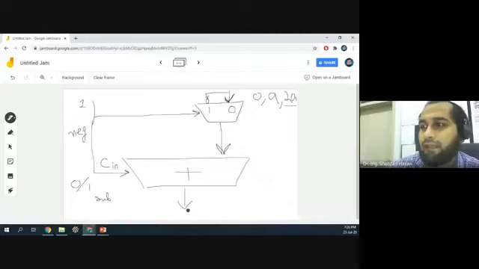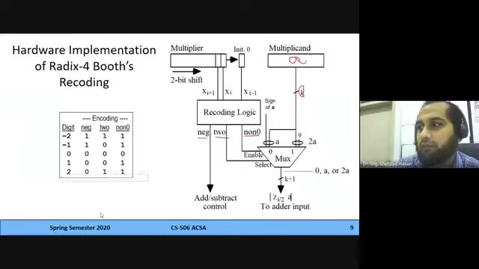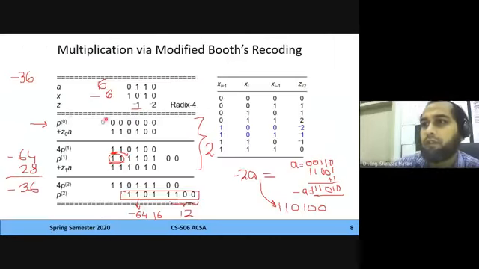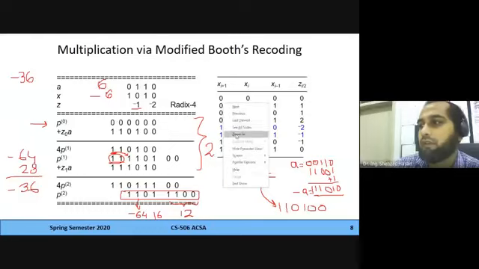And this is the adder. So the adder has got one input coming from this. What is the second input? The second input is the partial product, your P, right? That's shifted in each cycle.